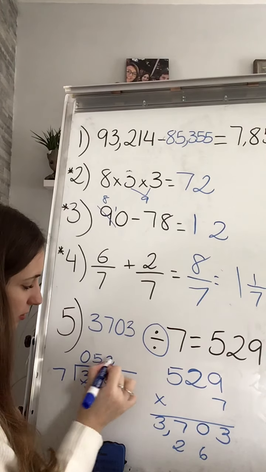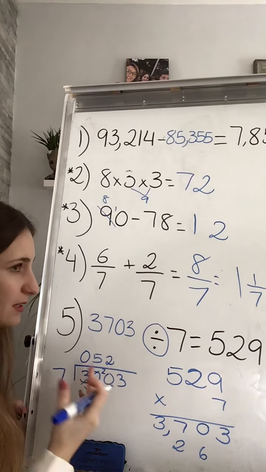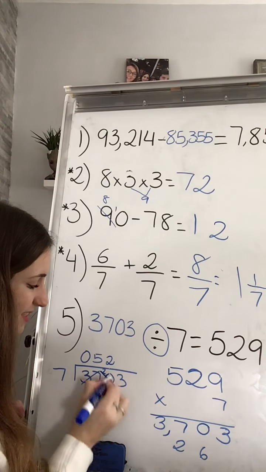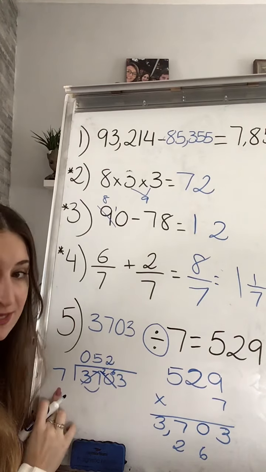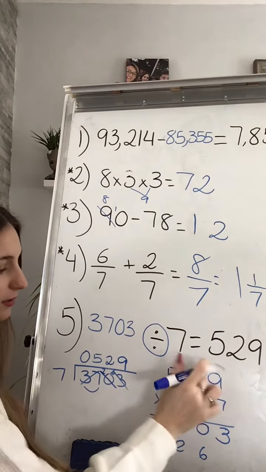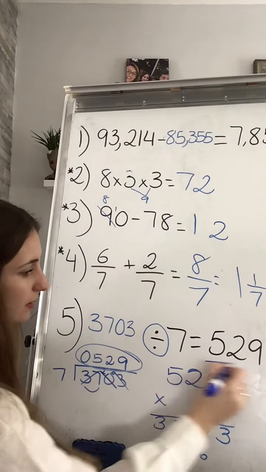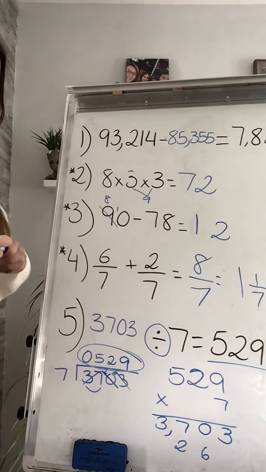So I cannot get 3, I need to get the one before, which is 2. 2 times 7 is 14, 20 is 6. And 63 is on my 7 times table. 9 times 7 is 63. 529. Okay, really easy as well.